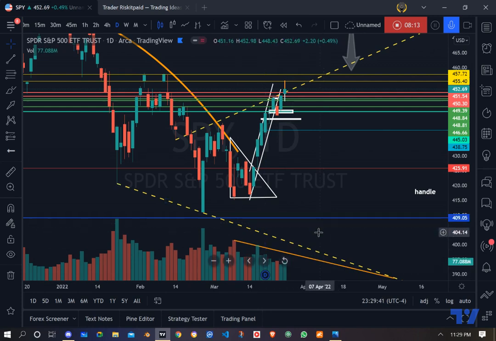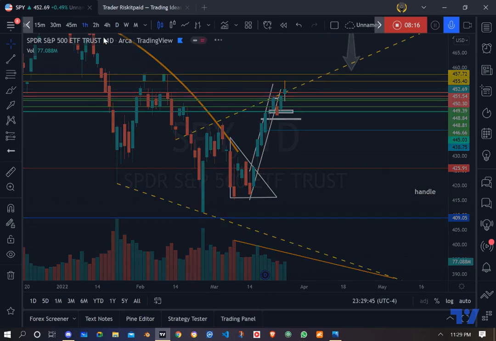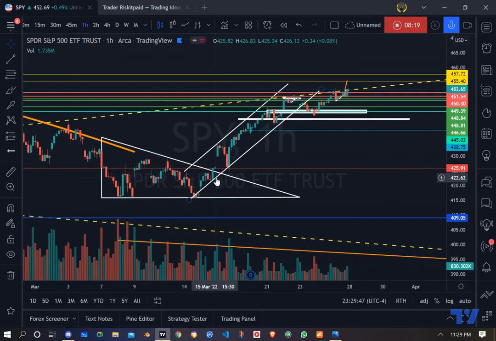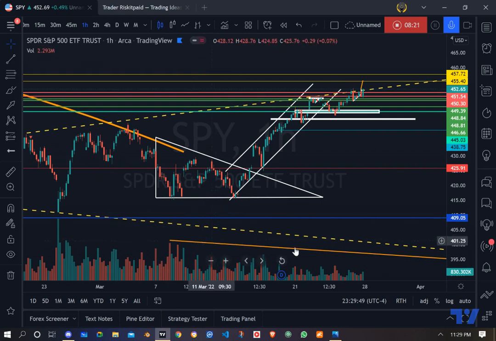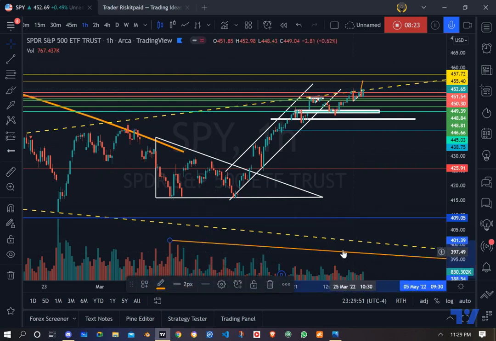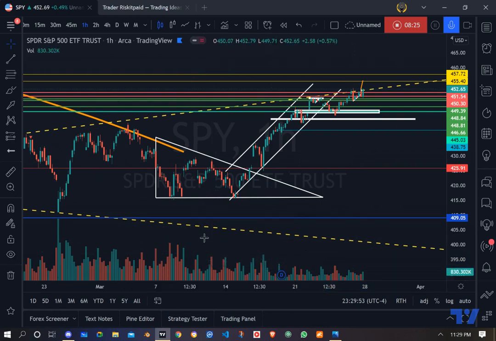If we go further into this, let's check this out on the hourly. Let me delete this real quick so I don't have to scroll. If we go to where the breakout started, which is right here, this is a continuous breakdown of volume.